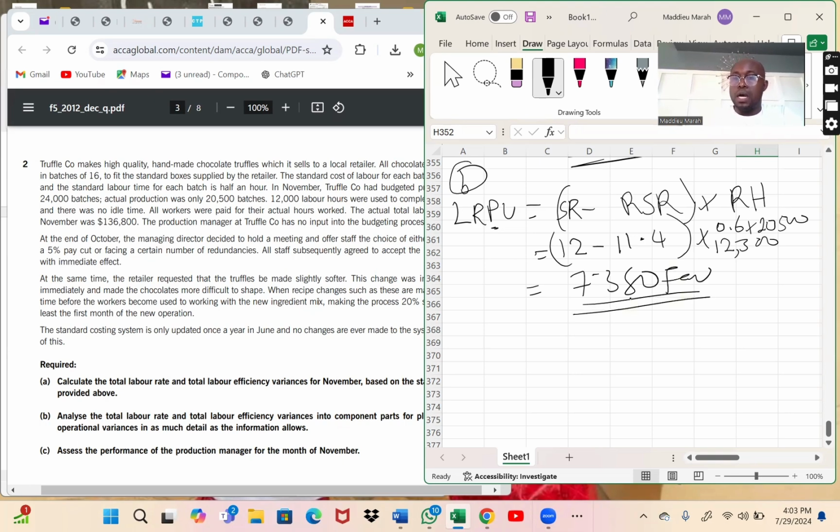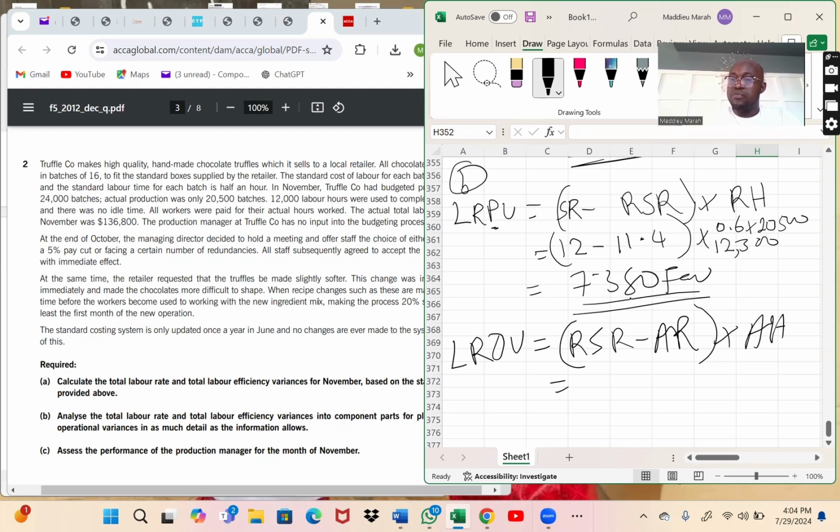Now let's finish with labor rate operational variance. We have our revised standard rate minus actual rate, multiplied by actual hour. Our revised standard rate is 11.4.